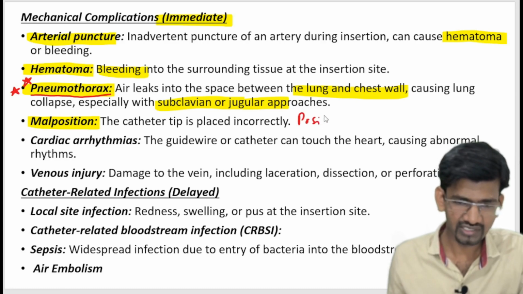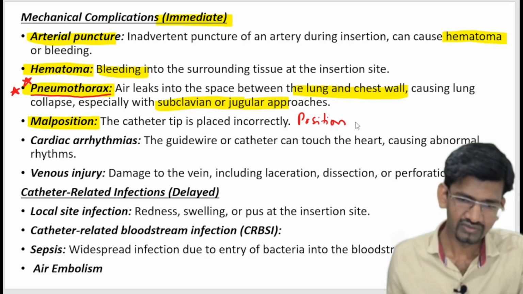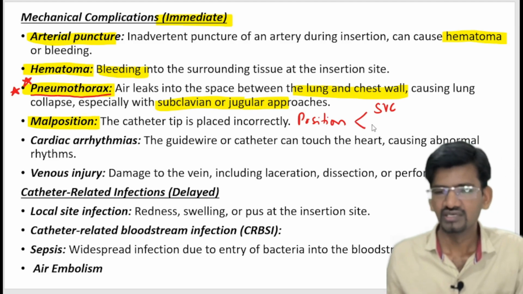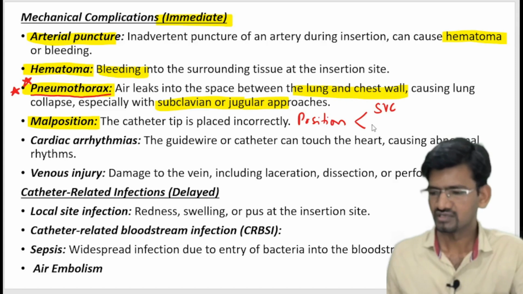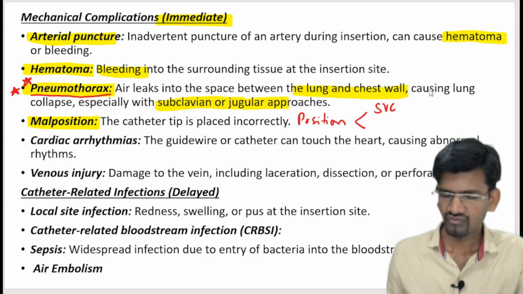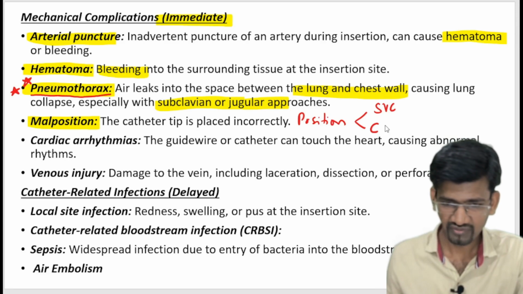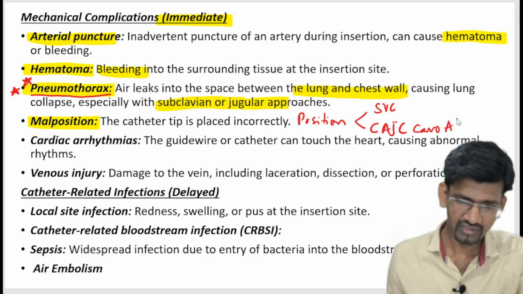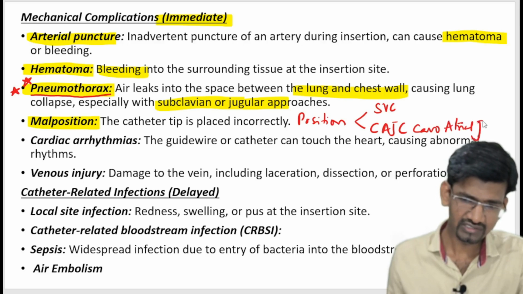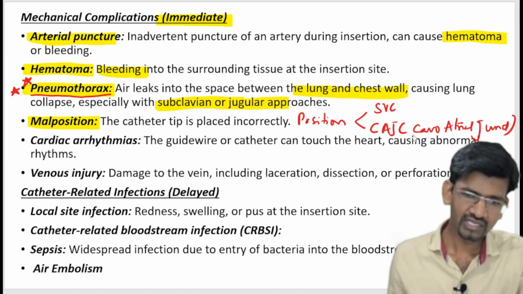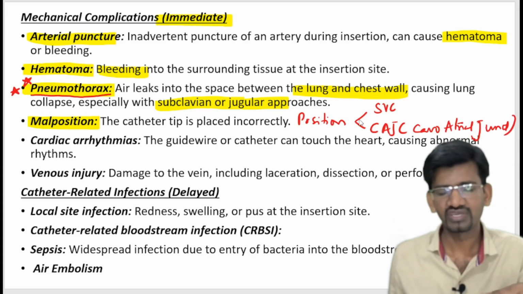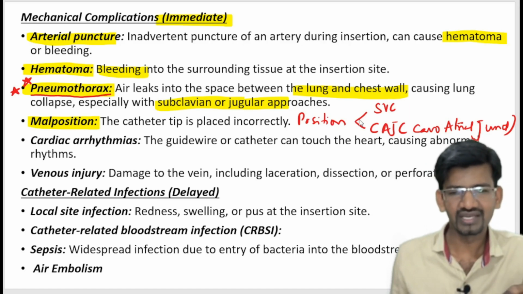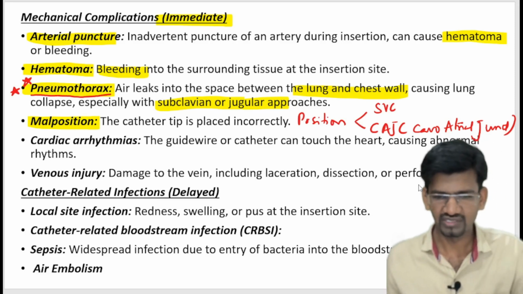One is the SVC, that is the superior vena cava, and the second one is the cavoatrial junction. The cavoatrial junction means where the superior vena cava touches the superior wall of the right atrium. That portion. So you can see here.